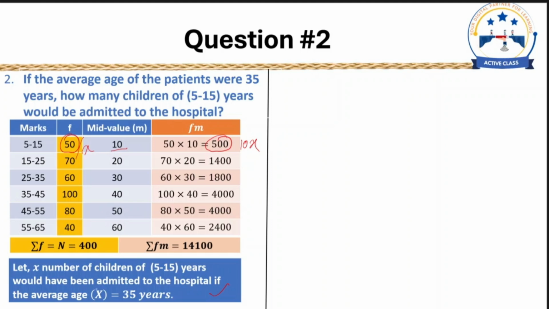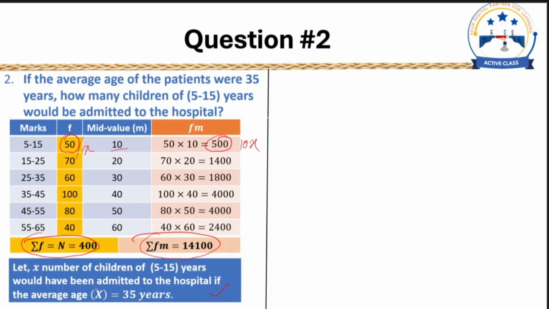Okay, can you guess, in place of 50, if the number of children is x, and in place of 500, if it is 10x, then what will be the value of summation FM and summation F? Of course, it's going to be changed, right? Can you guess?